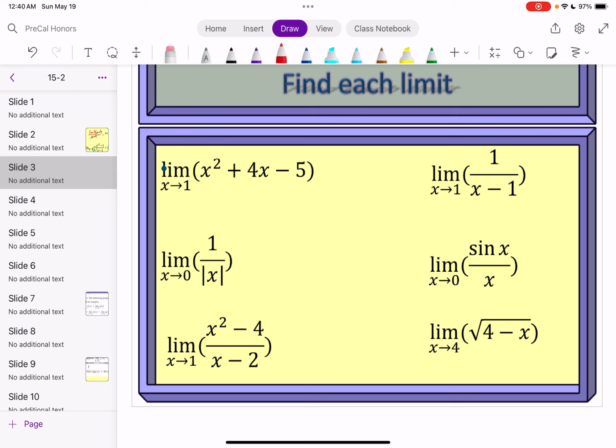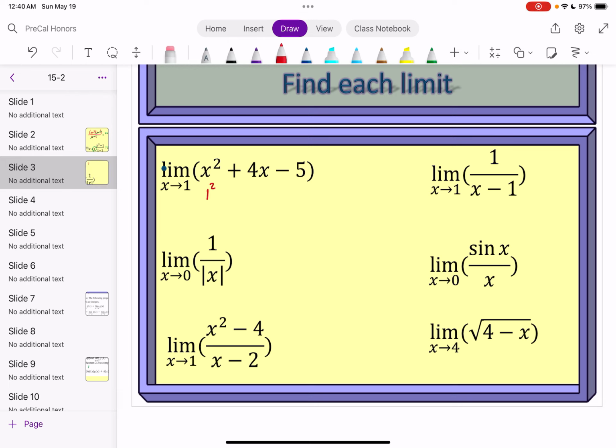In slide 3, we are plugging in our limit, our x value, into our equations. Now, it's extremely important to also pay attention to the denominator if you have a fraction. We're going to begin with our first problem, the top left, and plug in to our equation.